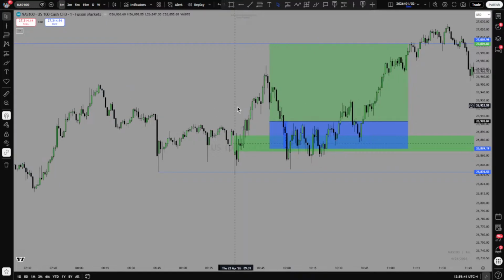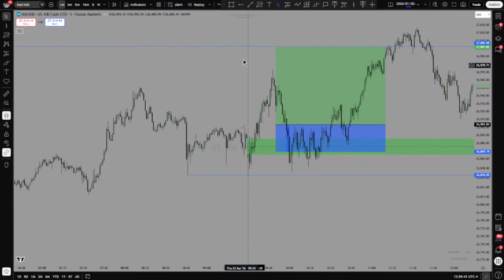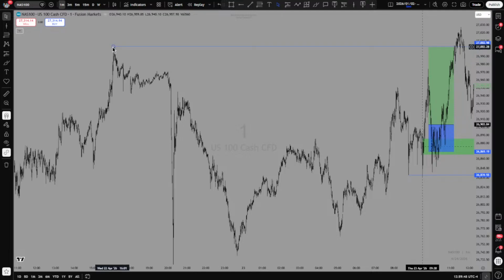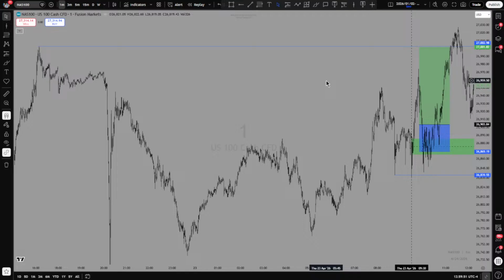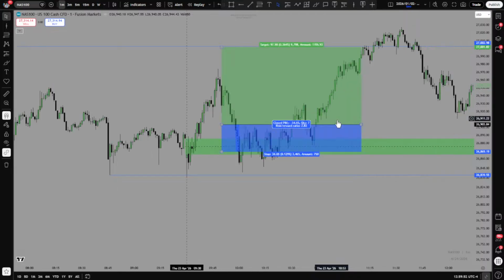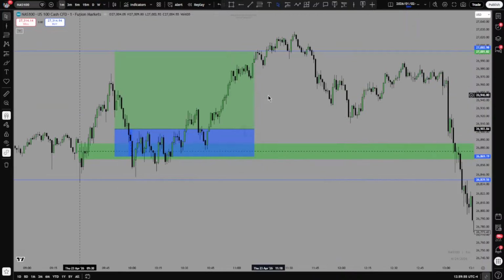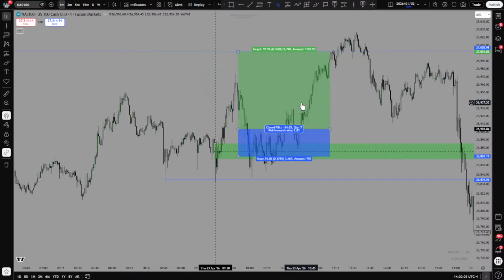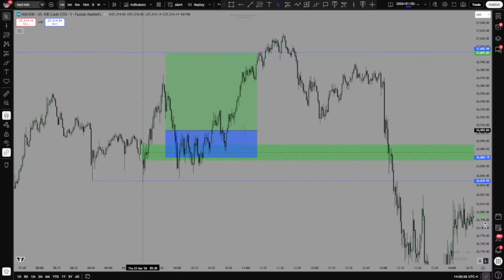But what I was actually looking for here was to see if the price can reach this high, the high that we had on the 22nd of April, 2026. And it did, but my stops and my entry point were in the wrong direction. So obviously it was not going to do me any justice.